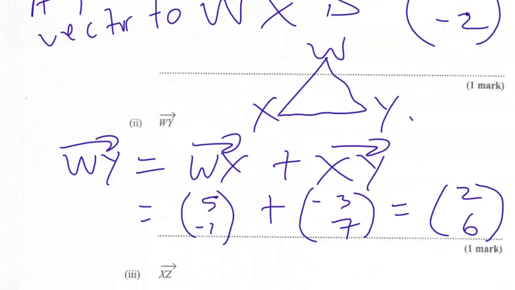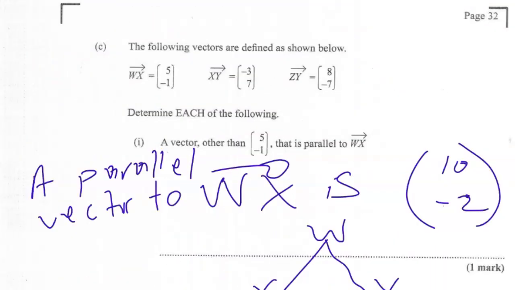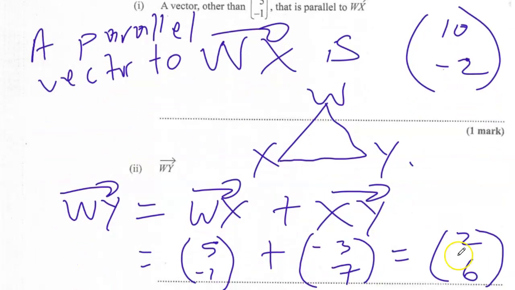Alright, next we're asked to find the vector XZ. Again, think of yourself walking. You want to get from X to Z. Let me put a Z in this diagram here. Z can go anywhere, so I'm going to put a Z there.